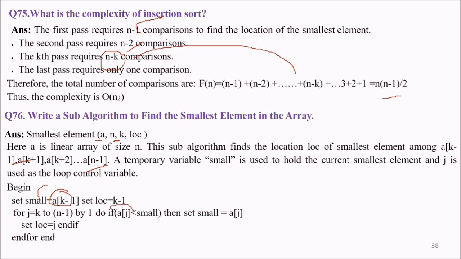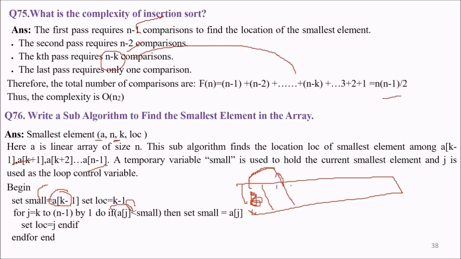Then we compare it with each of the other elements. If we find any element less than this, we assign that element to smallest, and we iterate again, comparing with every element.